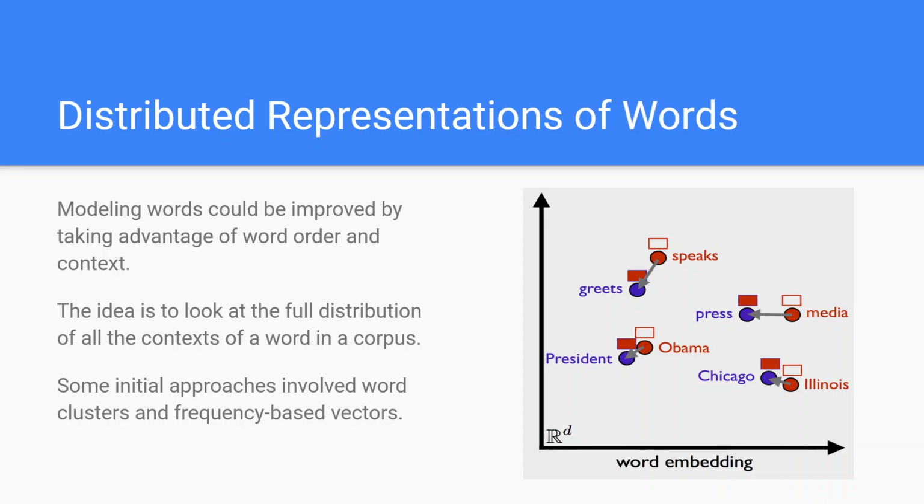Another approach was frequency-based vectors. In frequency-based vectors, each dimension corresponds to a frequency of the word type in some context. That is, each vector dimension in the word's vector corresponds to a context the word was found in. So basically, the vector contains all the contexts the word appeared in.